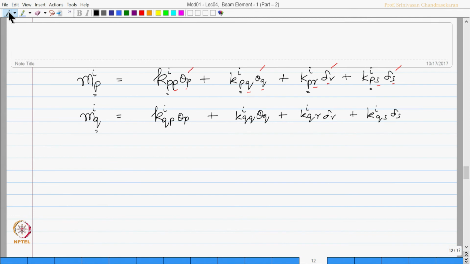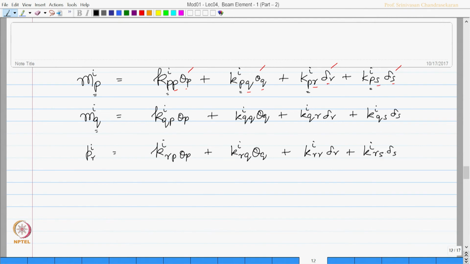Okay. Similarly, I want to find the force, the shear at r at the end. So, obviously, the first subscript is going to be r, caused because of p, second subscript is p and theta p. So, RP theta p plus RQ theta q plus RR delta r plus RS delta s. Okay.